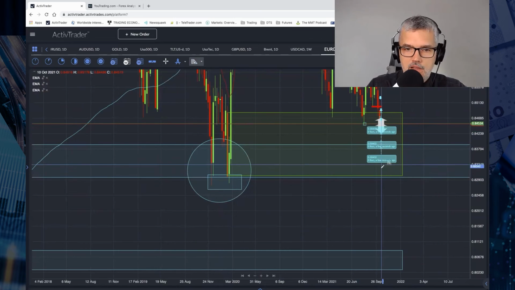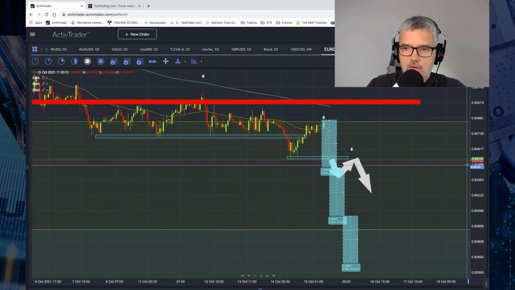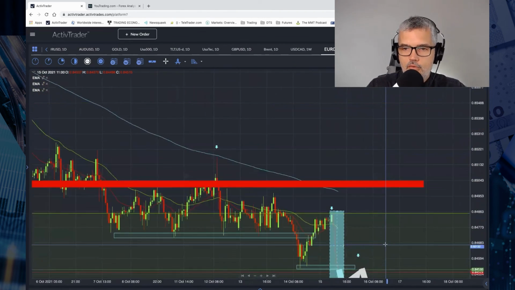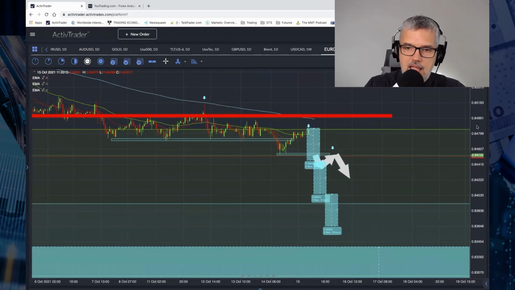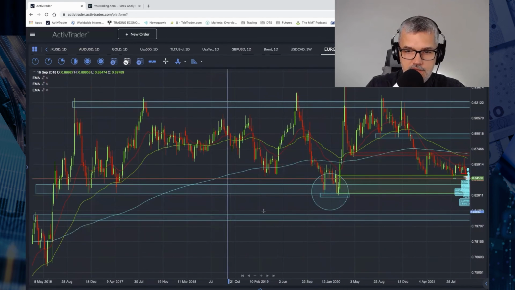So then you can go from a risk of 1 to 2 to actually more like, if that's your risk, 1 to at least 4, 4.5. So you can have a risk to reward ratio of 1 to 4. And then you might even get a follow through for these levels down here.